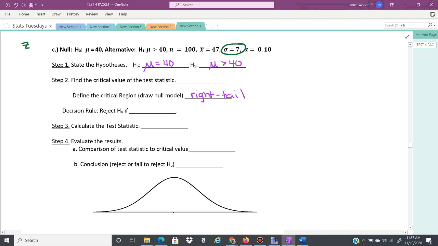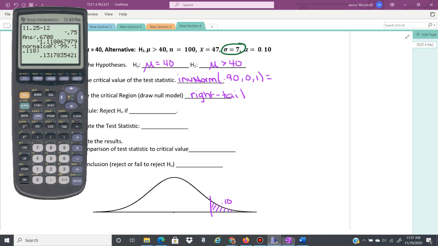So let's find the critical value of this test statistic. If my significance level is 0.10, that means on the right side, this area right here is 0.10. So I want to get this z value, which is going to be inverse norm. And you have two options. You can do the 0.10 and then make it positive because you know it's on the right, or just do 1 minus 0.10, so 0.90, because remember it's area to the left.